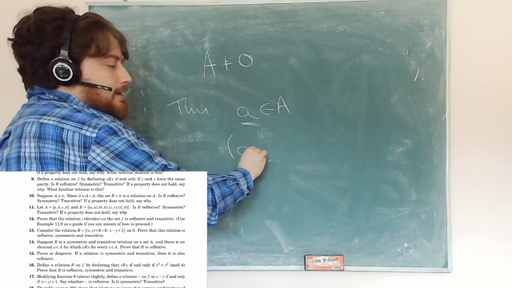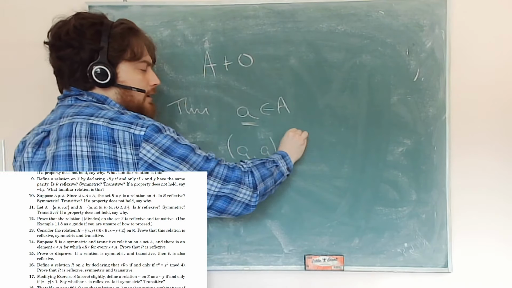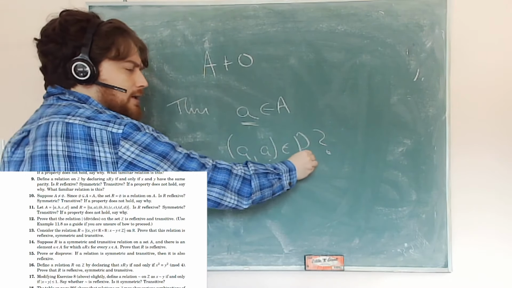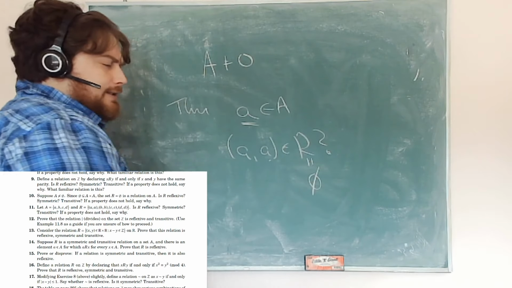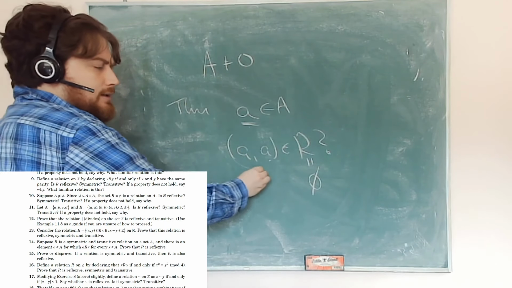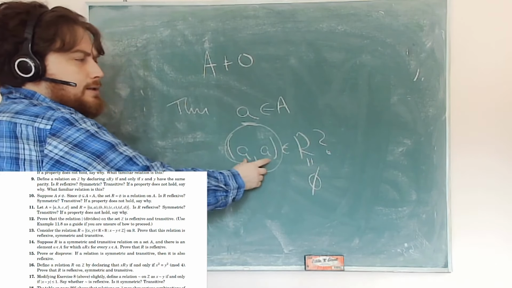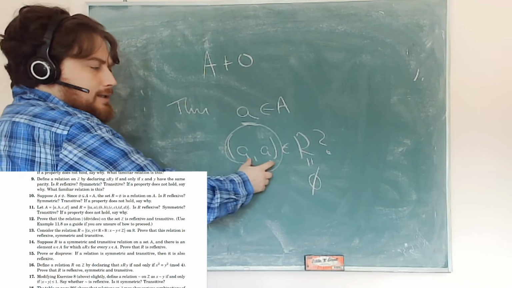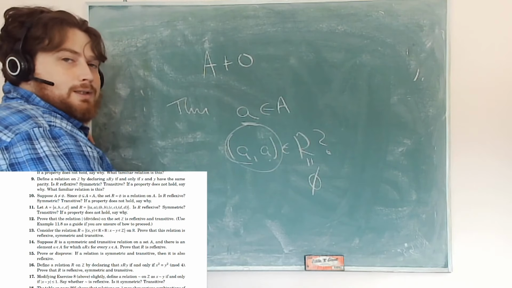Now, is (a, a) in R? Well, R in this case, they said, was the empty set. This is an element in A cross A, and so this is not an element of the subset.